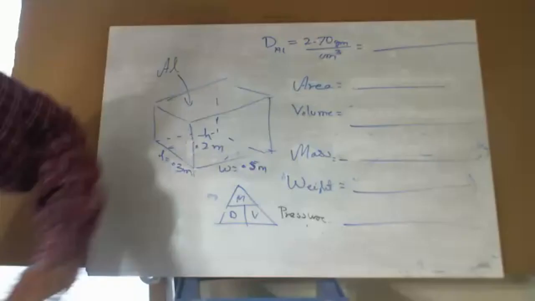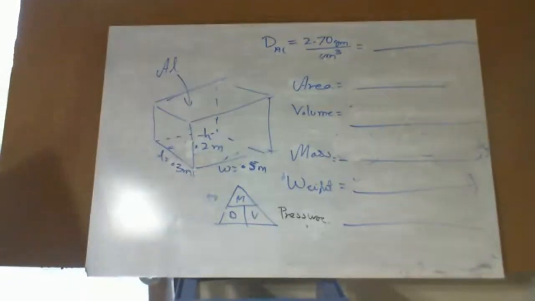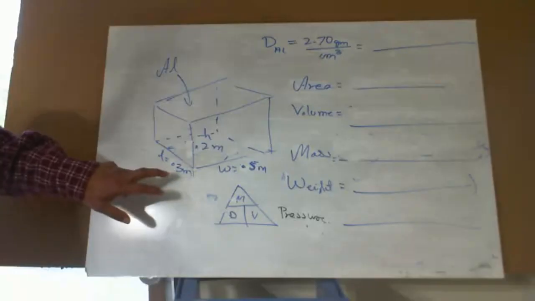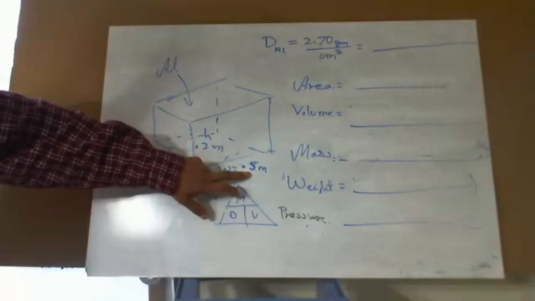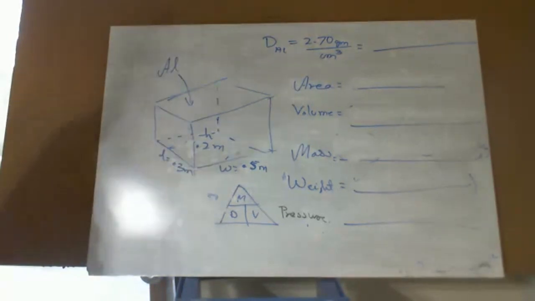It's density times the volume. So mass would be that, density times the volume. Yes, this is 0.3 meters. This is 0.5. Okay. And this is 0.2.